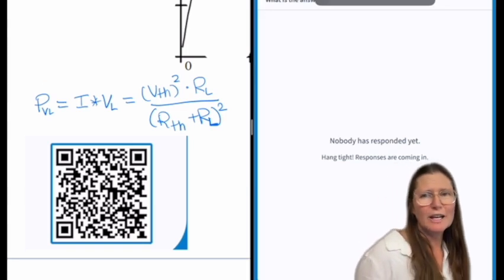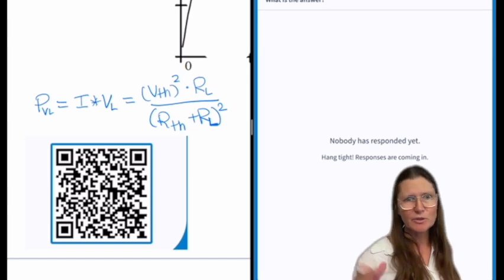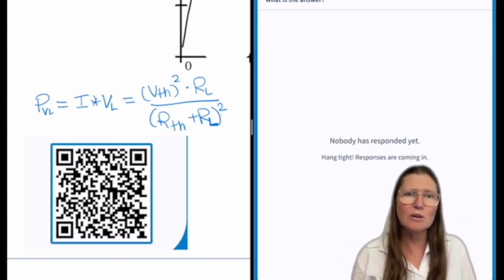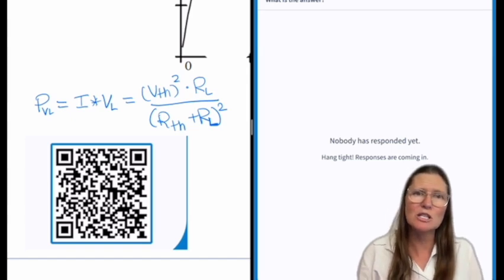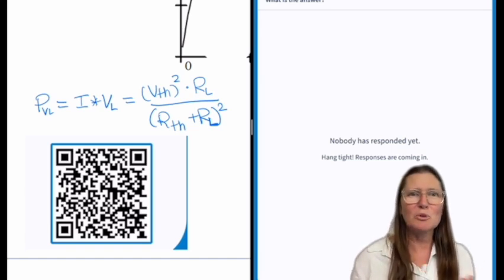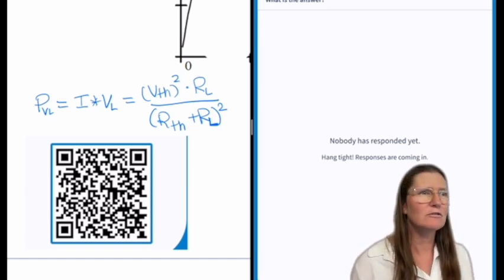Again, you're trying to find the maximum. Take the derivative with respect to RL, set it equal to 0, and then manipulate that equation to get RL in terms of VTH and RTH.